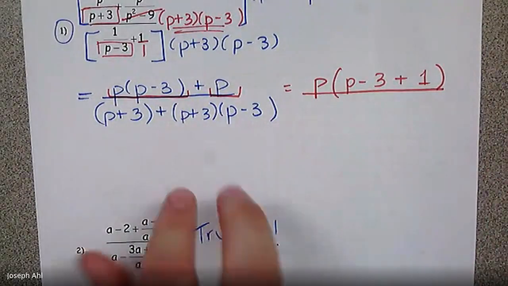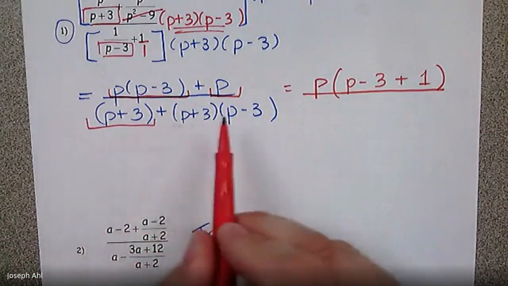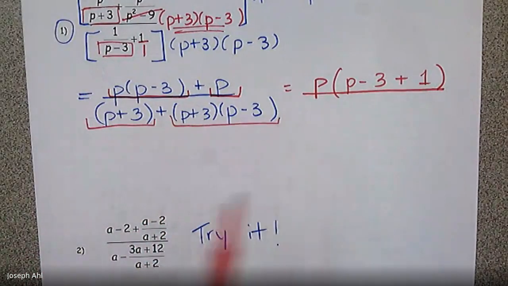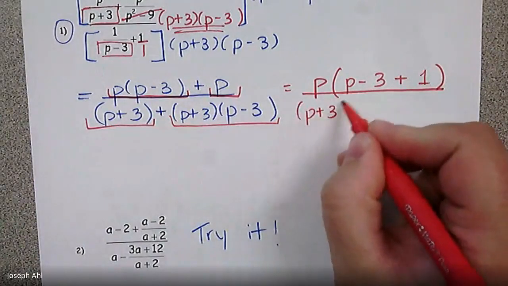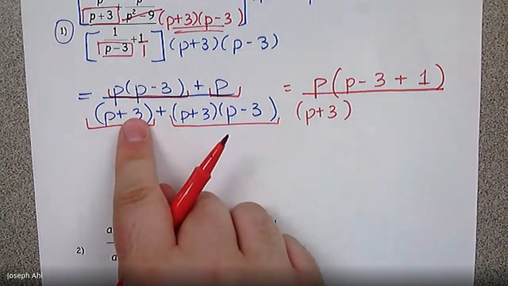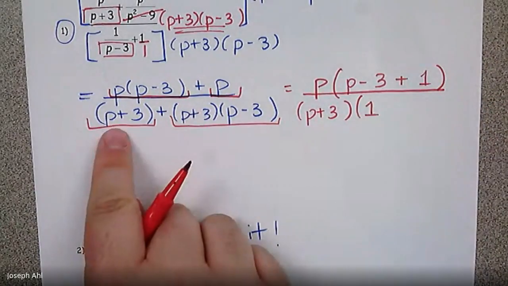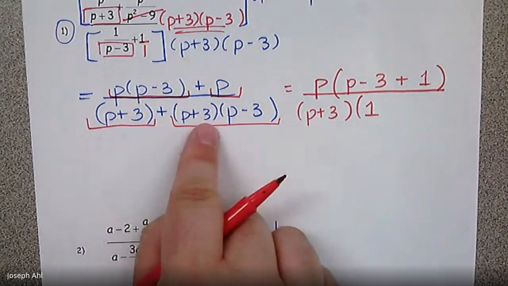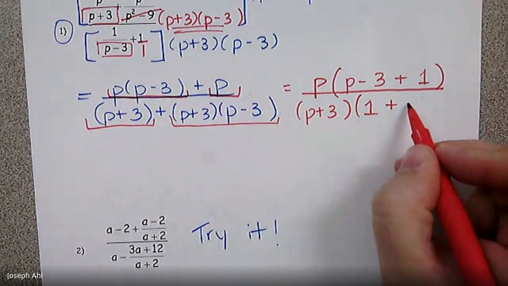In the denominator, both of these terms have p plus 3 in common. Here's one term, here's the second term. Since they both have p plus 3 in common, I can factor that out as a GCF, and I'm left with 1. Take p plus 3 out of p plus 3, and it's 1 plus the quantity p minus 3.